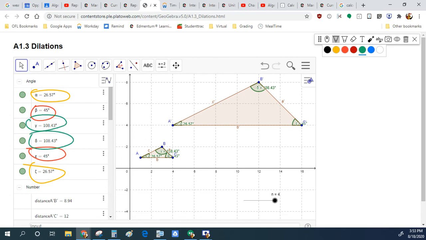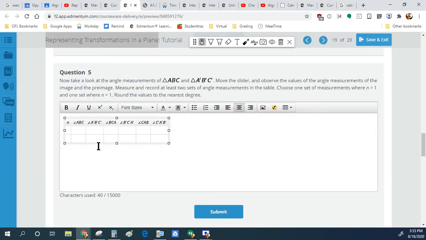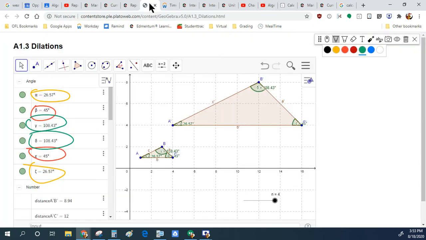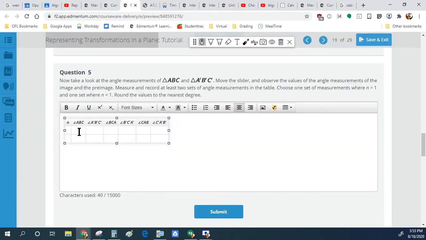So the idea here is that angle A corresponds with angle A prime. So basically when you're doing dilation, whatever I put here, I'm going to write down whatever I got here. So my angle A is 26. I'm just going to call it 27. I'm just going to round up, guys, just to make it easier. So this is 27, which means this has to be 27.